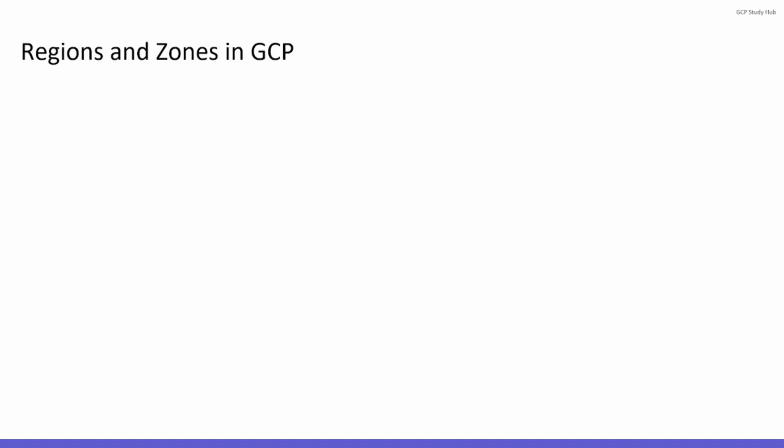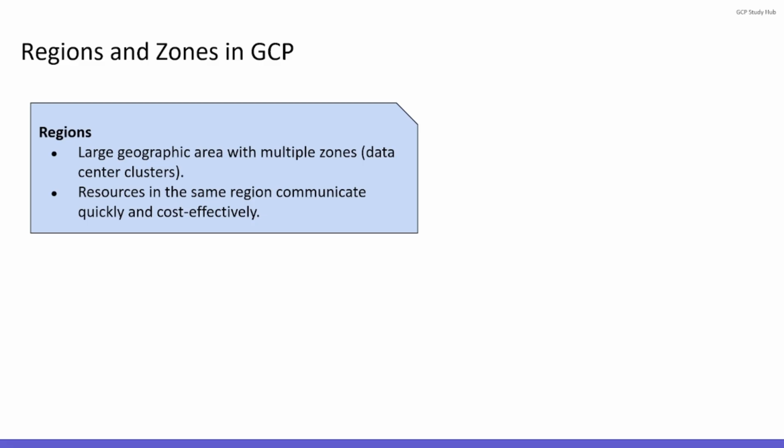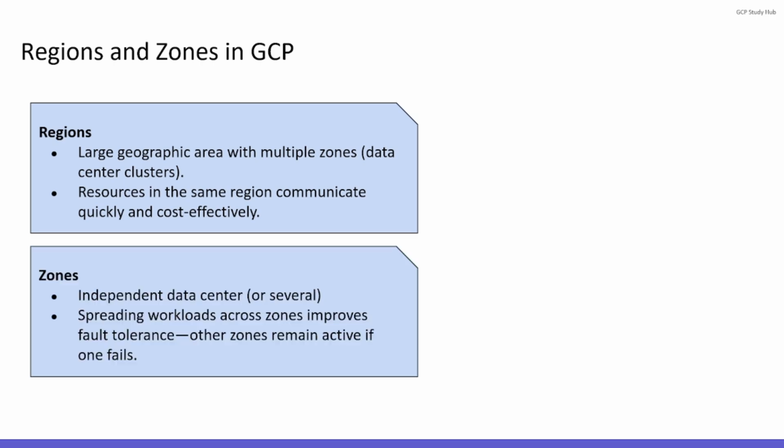So, in GCP, a region is a large geographic area made up of multiple zones, which are essentially clusters of data centers. One of the big benefits of deploying resources in a region is that the resources within that region can communicate quickly and cost effectively with each other. And a zone is an independent data center or several within a region.